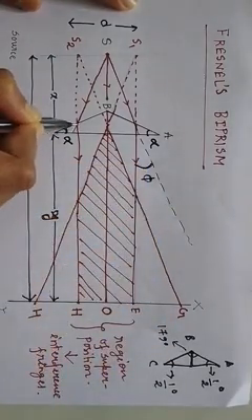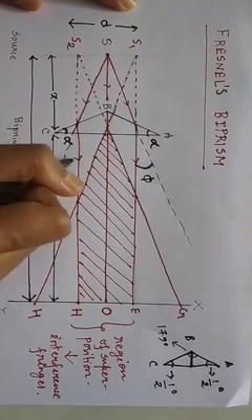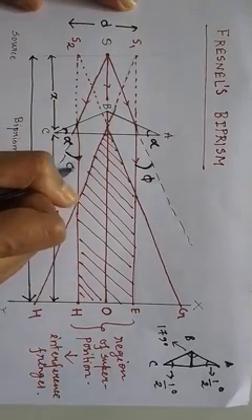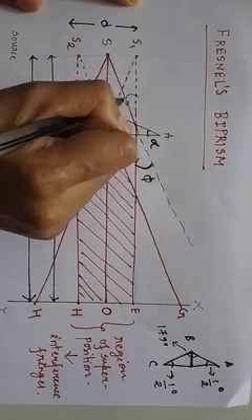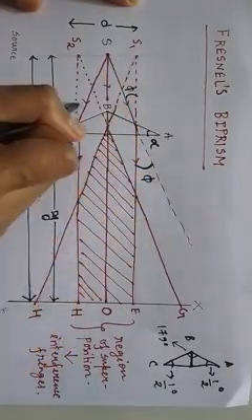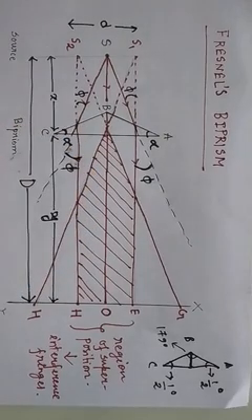Similarly, this ray has deviated by the same angle phi. So if this angle is phi, this angle is also phi, and this angle is also phi.